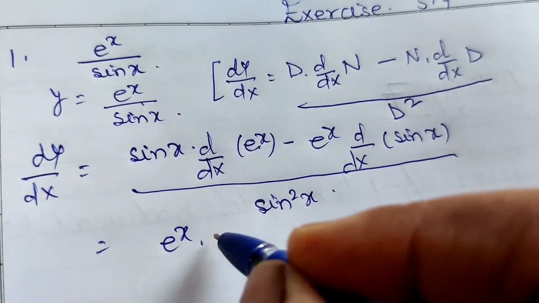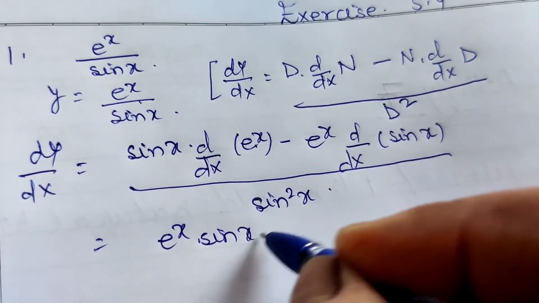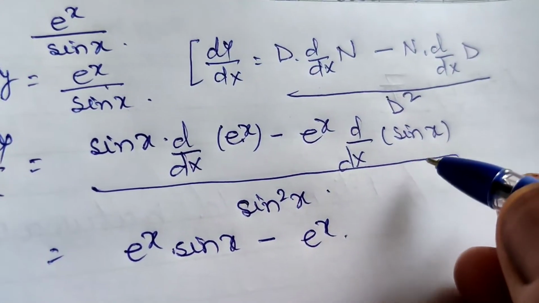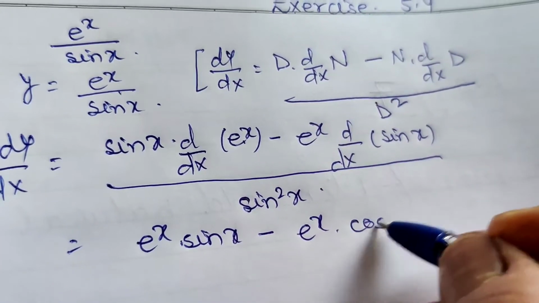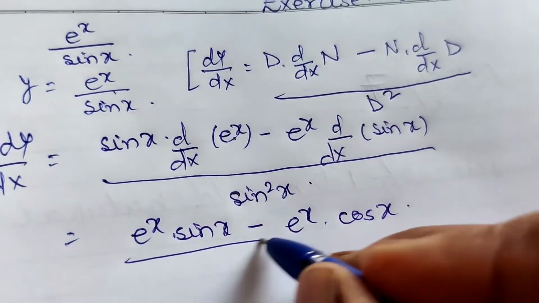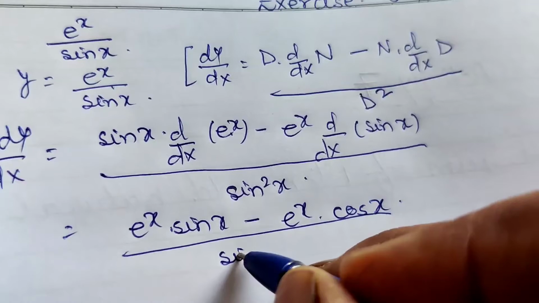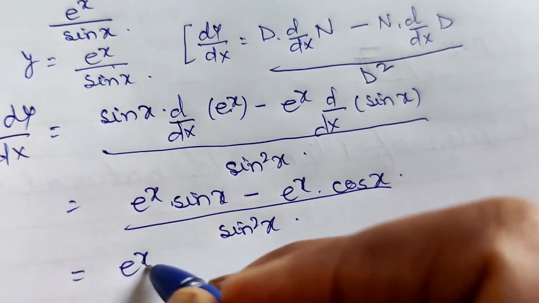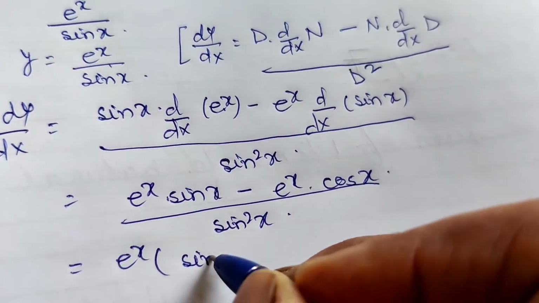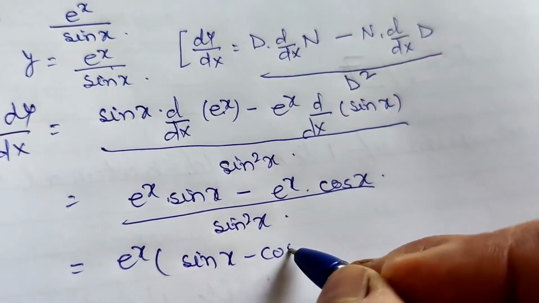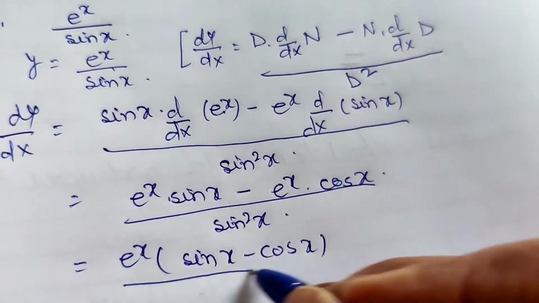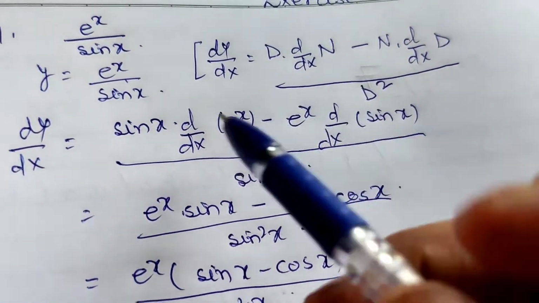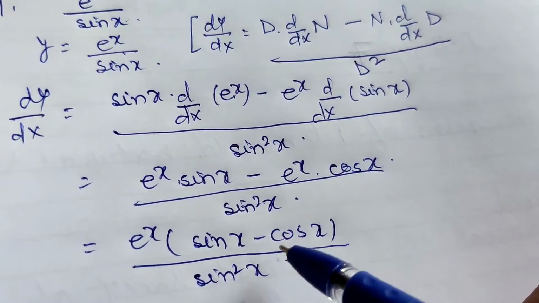So e raised to power x sin x minus e raised to power x, differentiation of sin x is cos x, by sin square x. We can take e^x (sin x minus cos x) by sin square x. This is the differentiation of e raised to power x upon sin x.